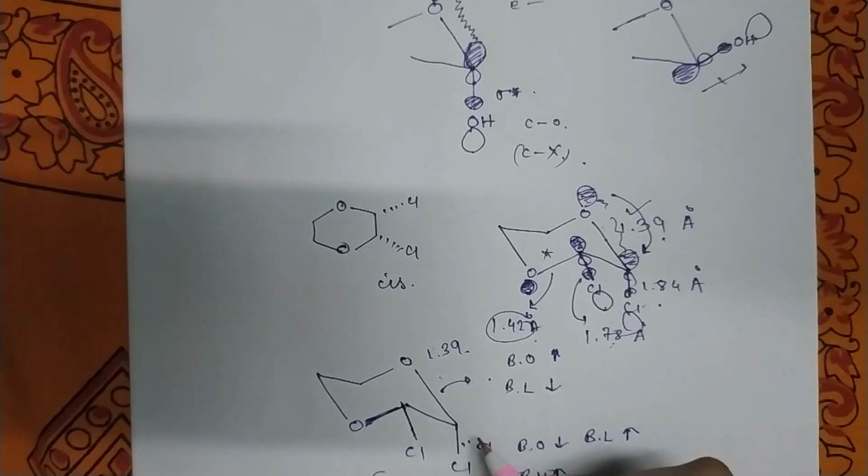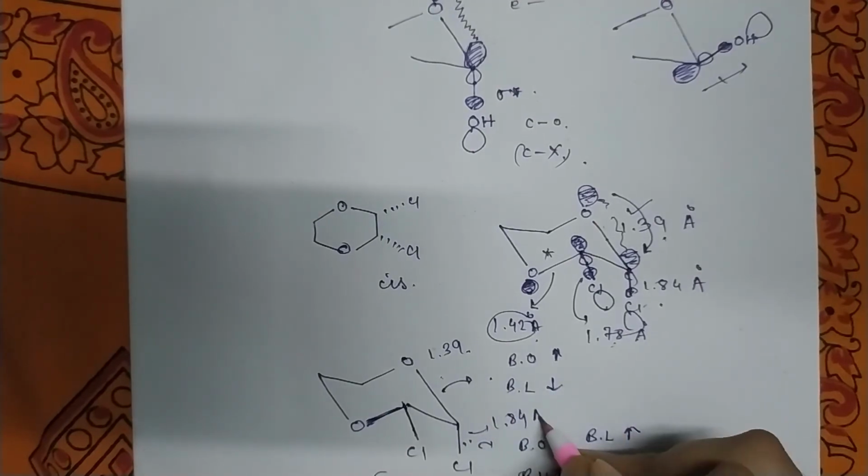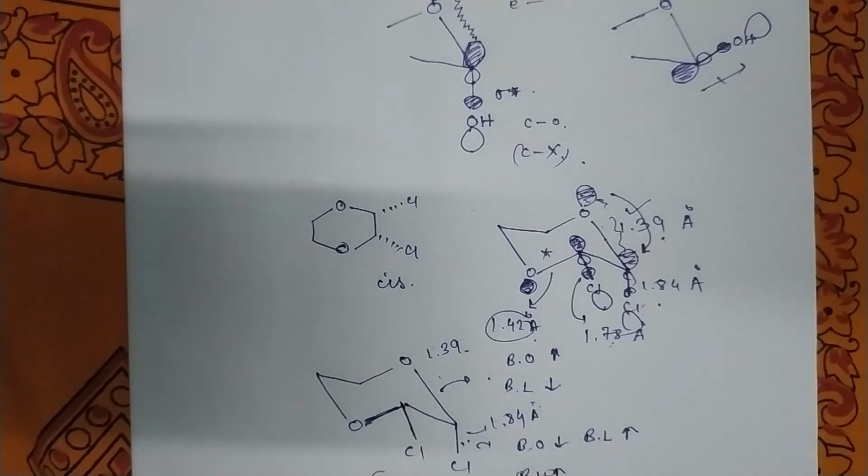So that is evidence, quite well, 1.84 Angstrom. So this is another evidence in the real system that the anomeric effect happens, and this is the most prominent explanation for the anomeric effect.